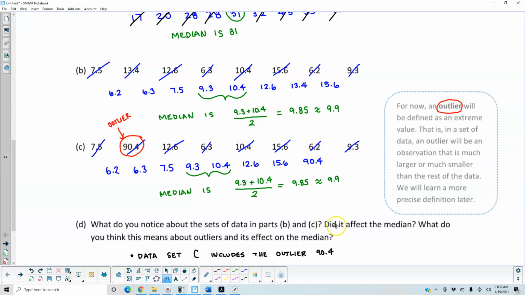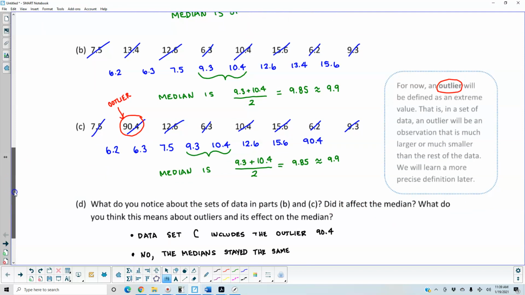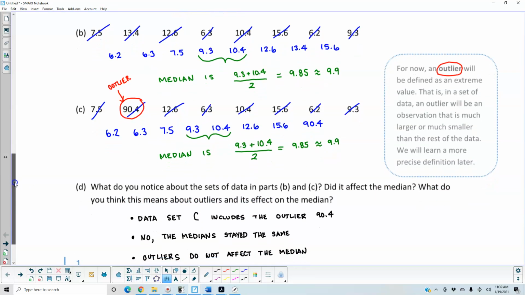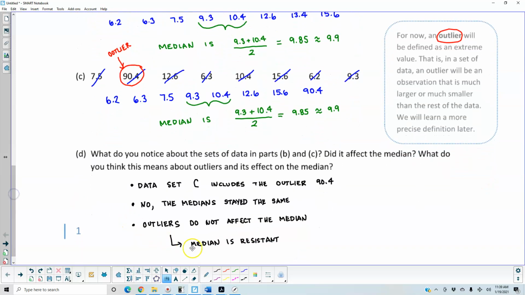Did it affect the median? No, because the median stayed the same at 9.9. So outliers do not affect the median, and therefore we can say that the median is resistant to outliers.